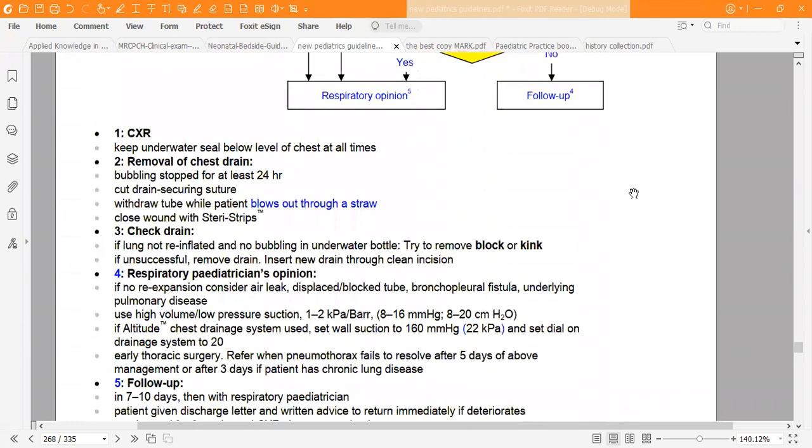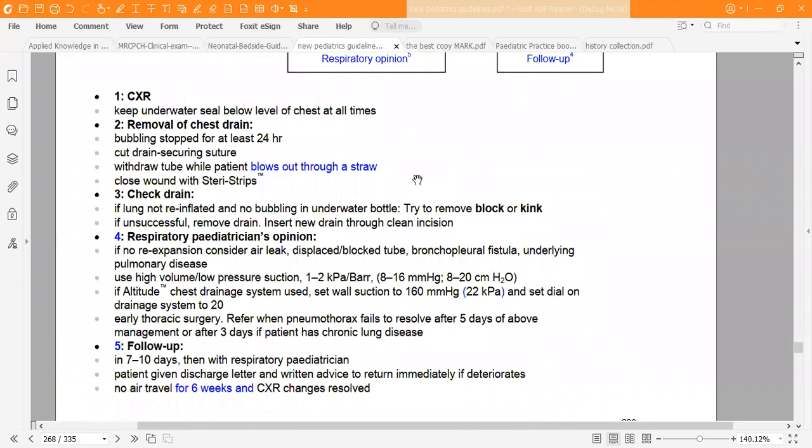There's some explanation here. Let's read it together. Keep the underwater seal below the level of the chest at all times. Remove the chest drain when bubbling has stopped for at least 24 hours. Cut the drain, securing the suture, and withdraw the tube while the patient blows out through a straw.